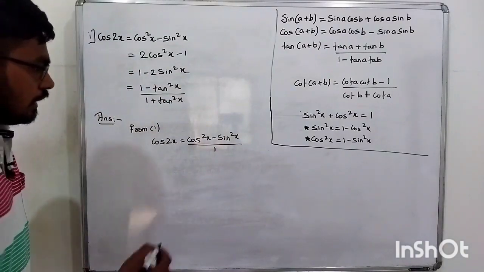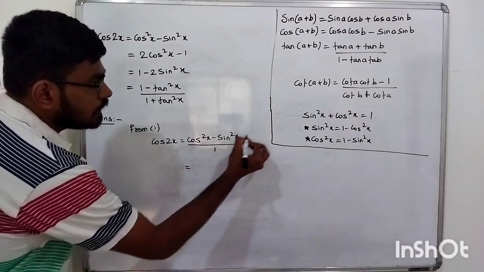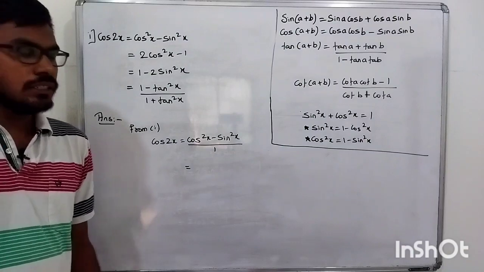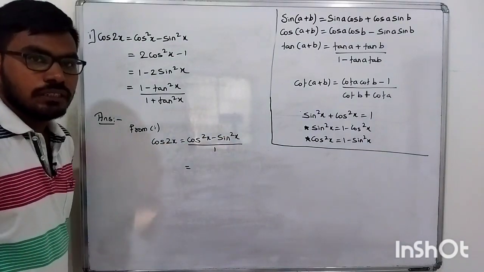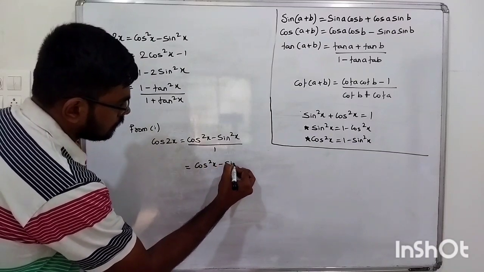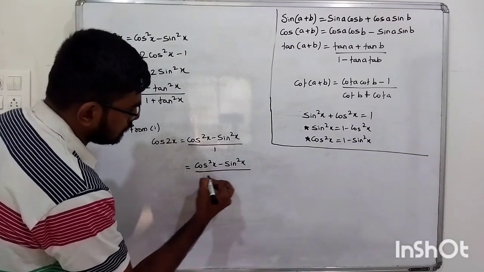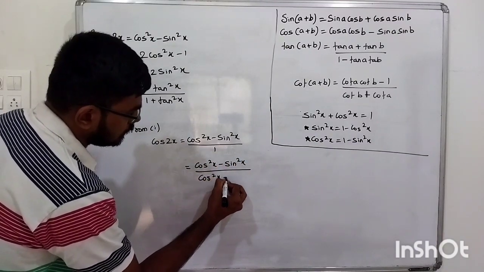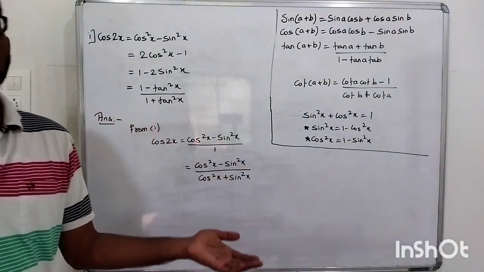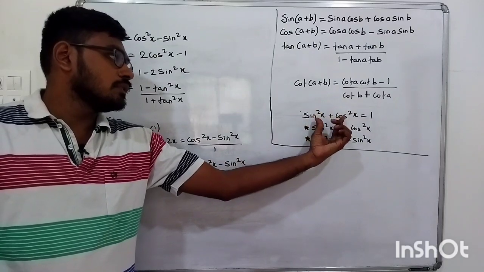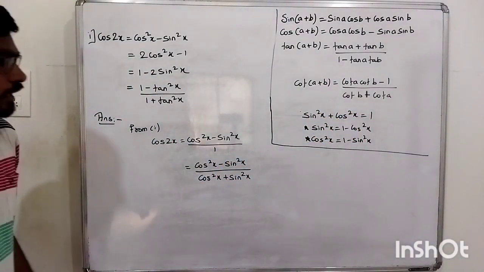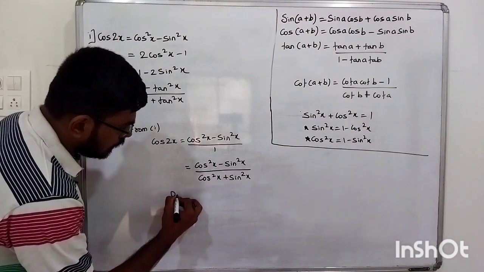Then in place of 1 I will write sin square x plus cos square x, but since here we have cos square x minus sin square x, I will write cos square x plus sin square x. It is the same thing. You write 1 plus 2 or 2 plus 1, the answer is 3 only. Like that, you write sin square x plus cos square x or cos square x plus sin square x, the answer is 1 only.